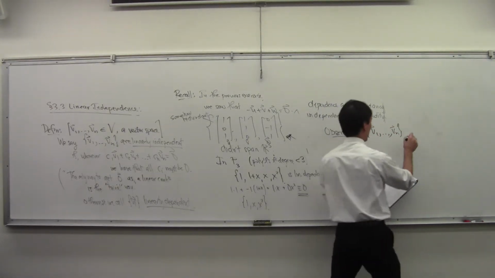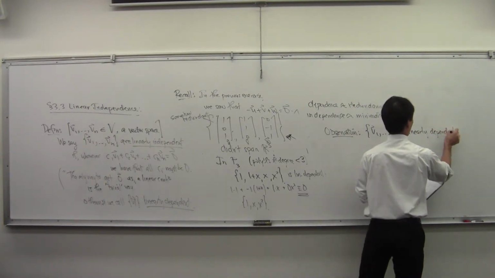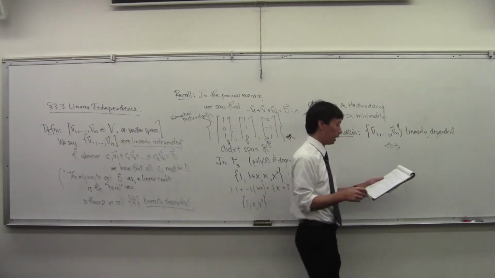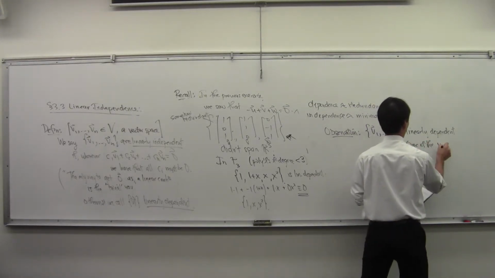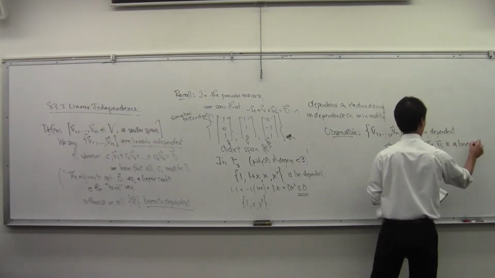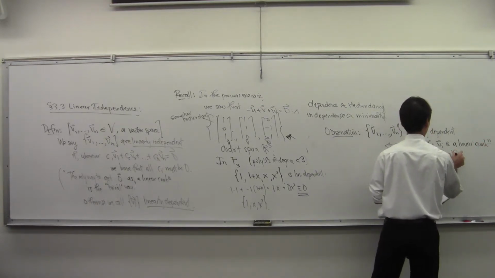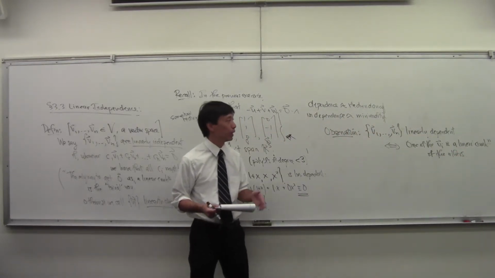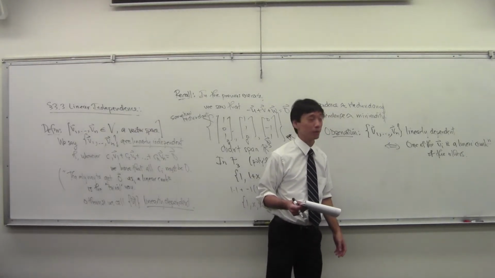For a set to be linearly dependent turns out to be equivalent to saying that one of the vi is a linear combination of the others. At least one, it could be more, but at least one of the vi is a linear combination of the others.